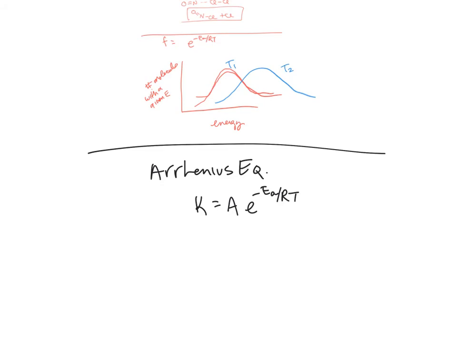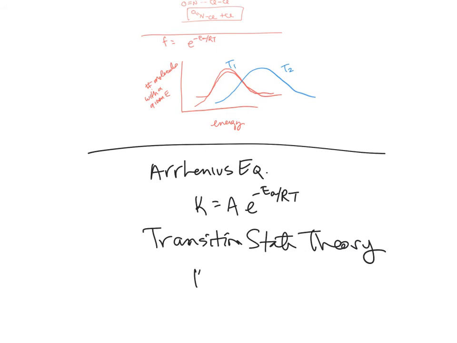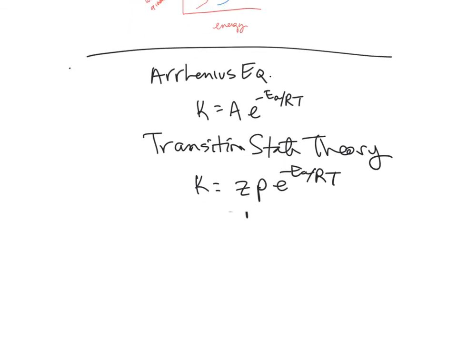From transition state theory, we have that k is Z times P e to the minus EA over RT. And so if you compare them, you see that A is going to be equal to ZP. So A is equal to ZP.